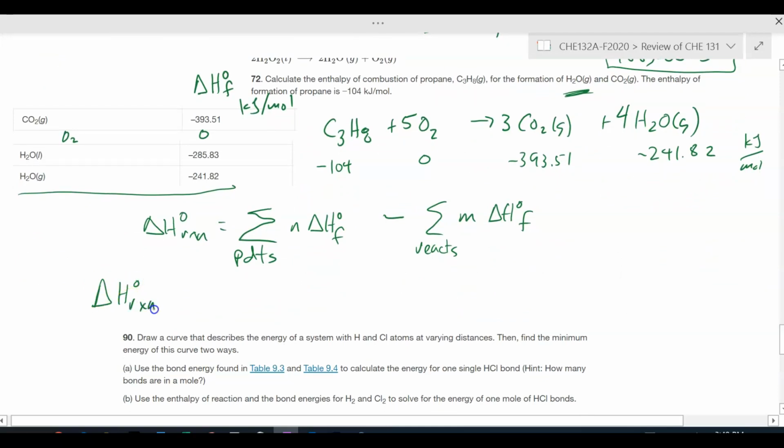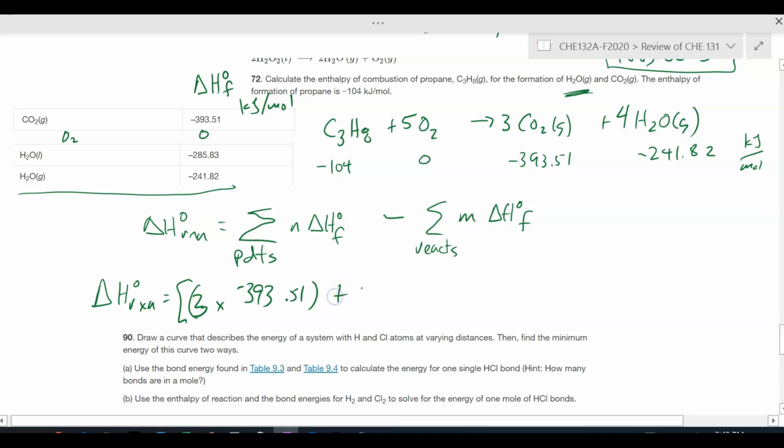Delta H for the reaction is going to be, okay, we're looking at the products first, so we have 3 for my CO2 times negative 393.51. So that's the first term in the product summation.